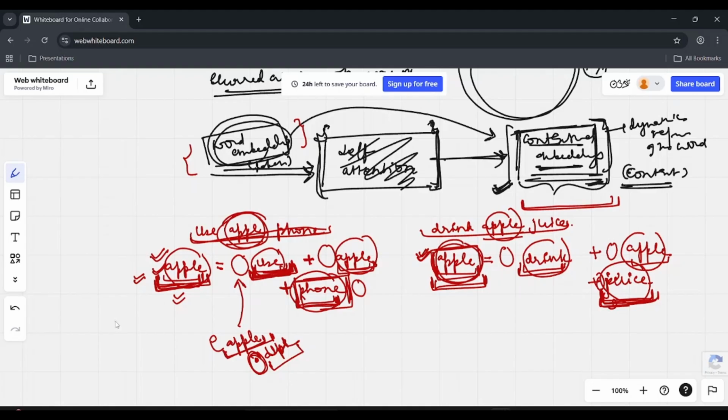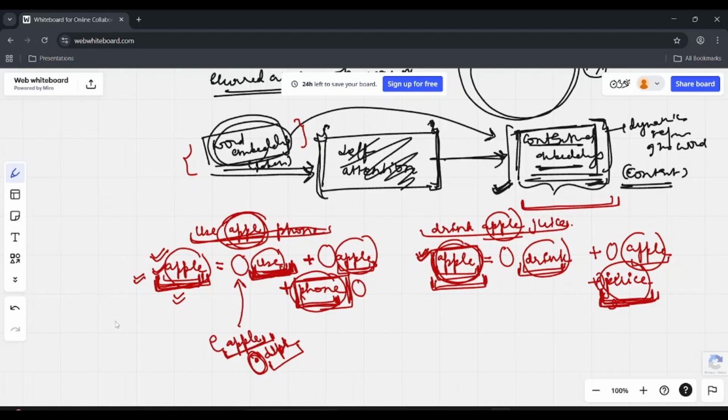So if the value of dot product is high, that means apple and use are very much aligned, they are very much related. In finding out the embedding of apple, the use word embedding will play a very important role because they're very much alike, they're very much related. So this is what dot product tells us, and that is how we find out the weights.